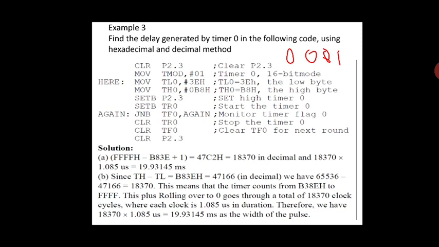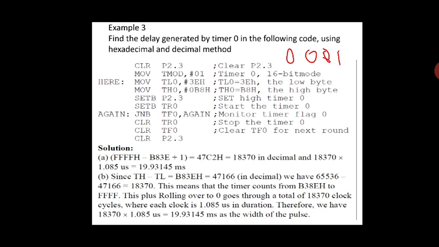When is it set to 1? When B83E keeps getting incremented and reaches FFFF, the maximum value, TF0 will be set to 1, and the loop will be broken. Once the loop is broken, it goes to the next instruction.